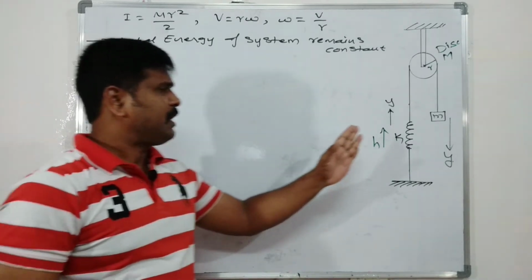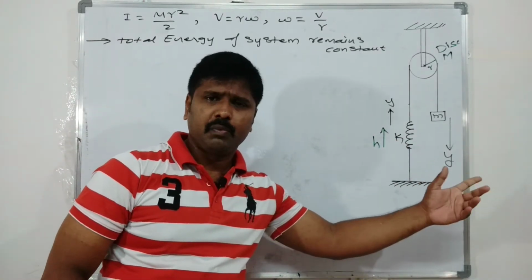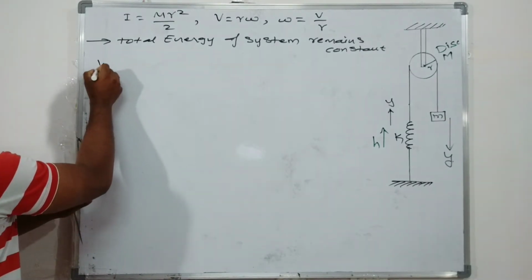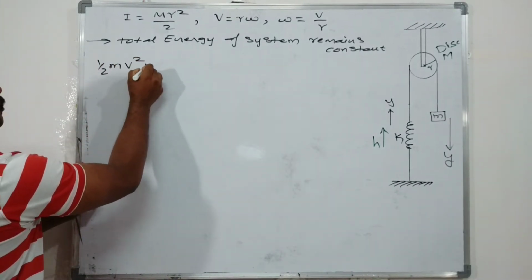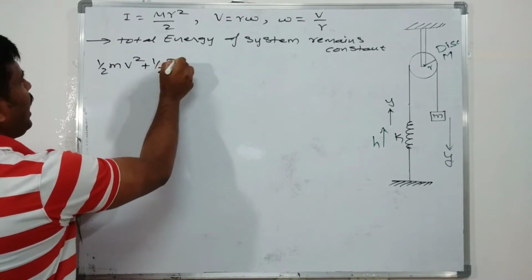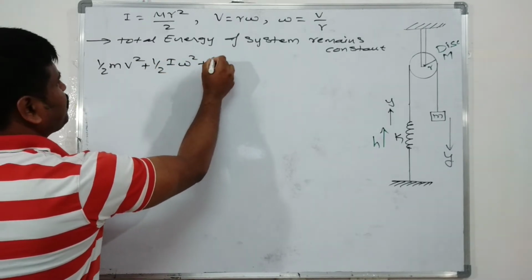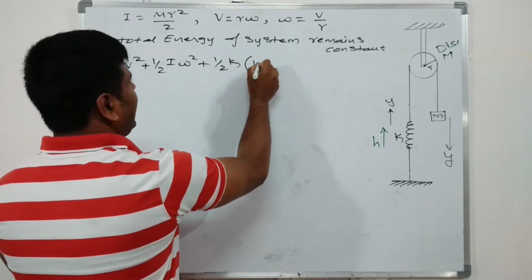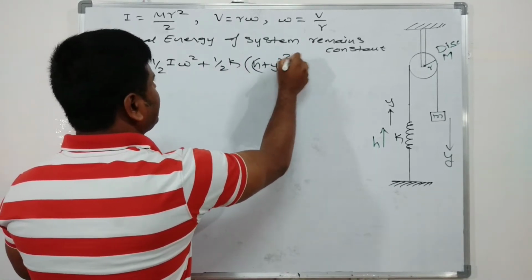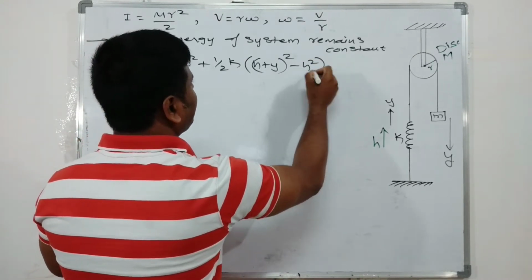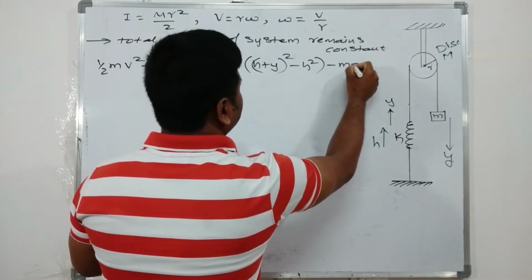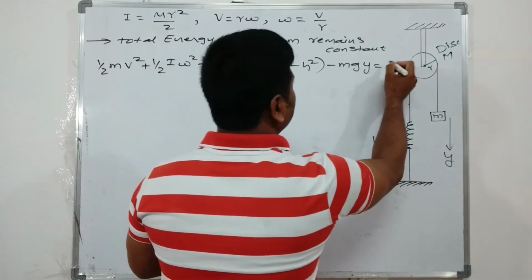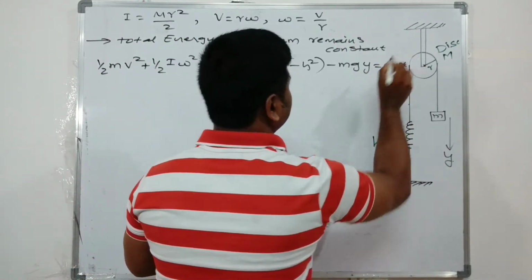Here the displacement is in the downward direction, so we can take velocity. So 1 by 2 m v square plus 1 by 2 I omega square plus 1 by 2 k into (h plus y) whole square minus h square, minus mgy, is equal to constant.